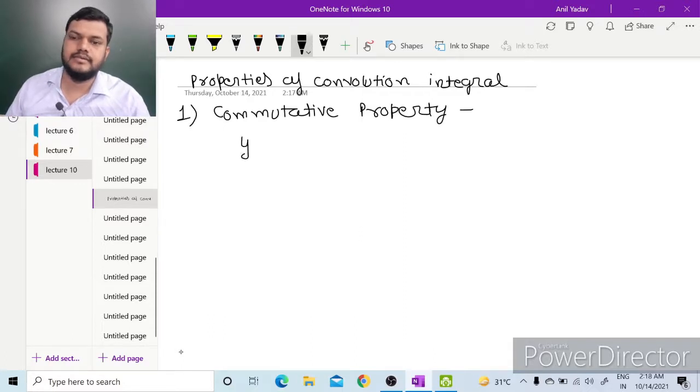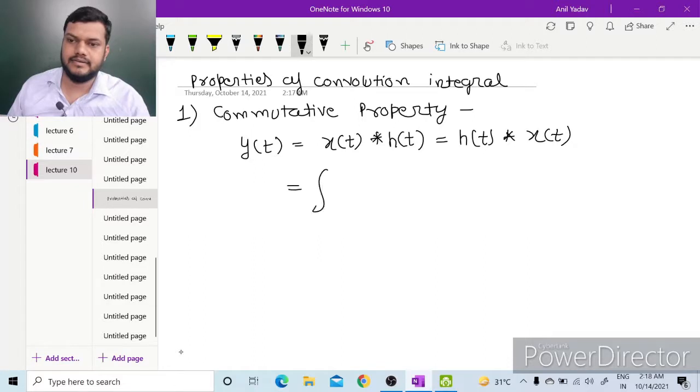So let us say y(t) is x(t) convolved with h(t). This will be same as h(t) convolved with x(t). It means we can write x(t) convolved with h(t) is integral of h(tau) x(t minus tau) d tau.